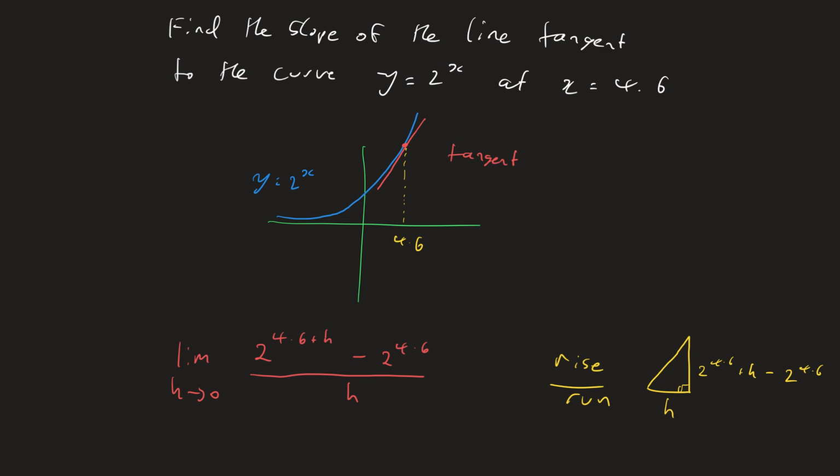When x moves from 4.6 to 4.6 plus h, the increase in x is just h, which is the denominator. This ratio then is the rise over the run. If this is our point on the graph here, when x increases by h, y increases by this amount here.